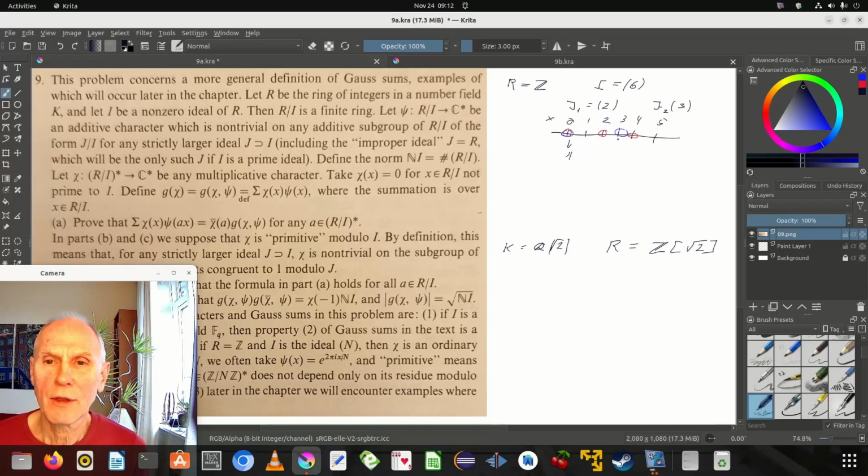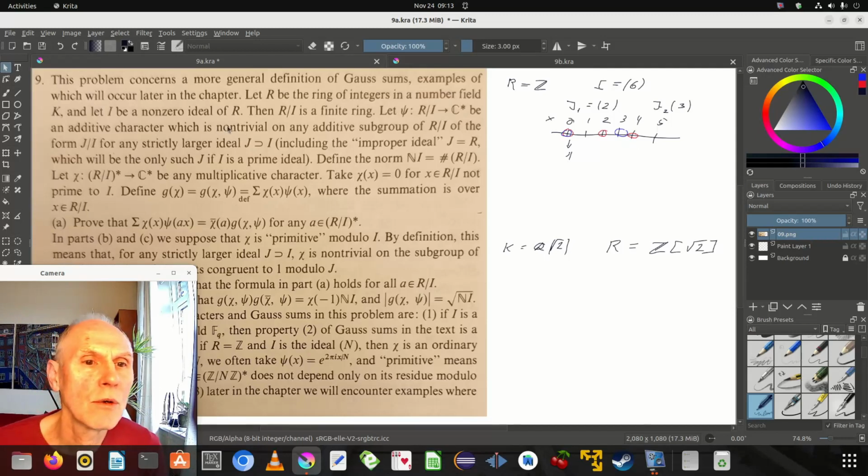That means that 3 mustn't map to naught, or to unity, neither must both 2 and 4. So if this maps to omega, then this maps to omega squared, and this to unity. That's trivial, because on the blue ideal, J2, it's trivial.